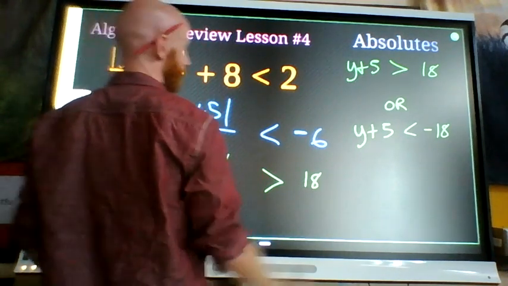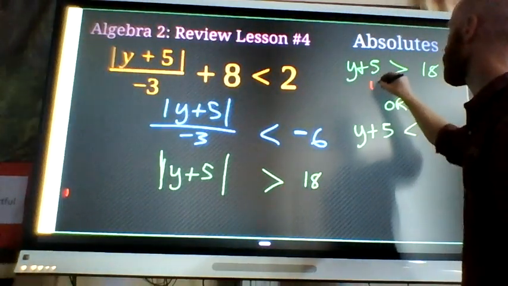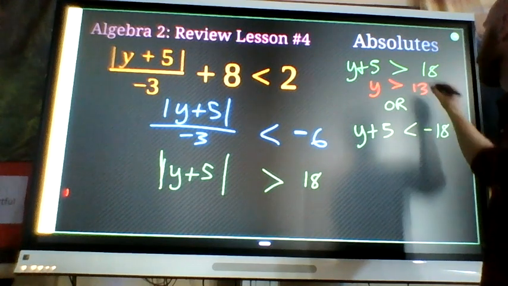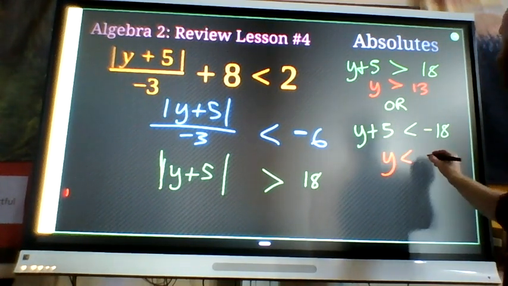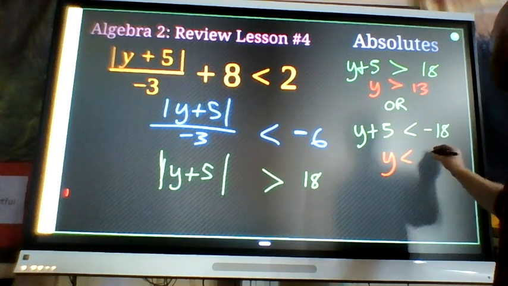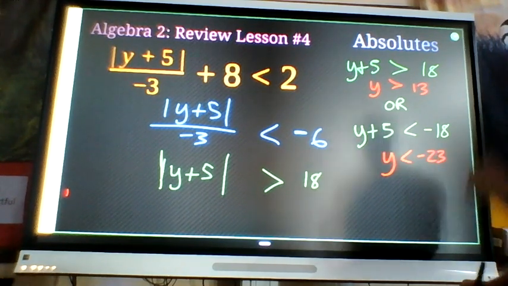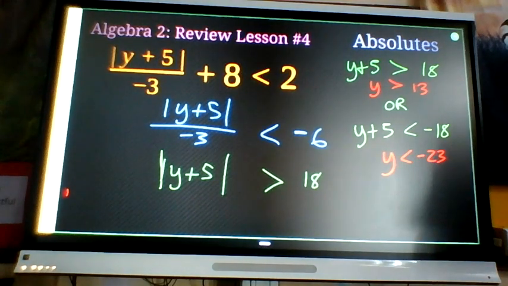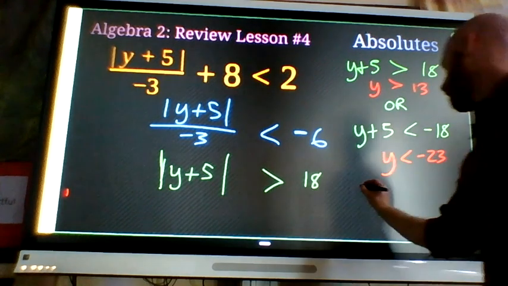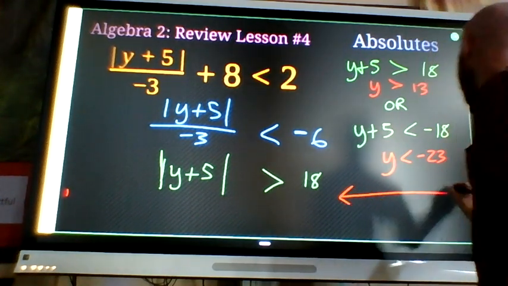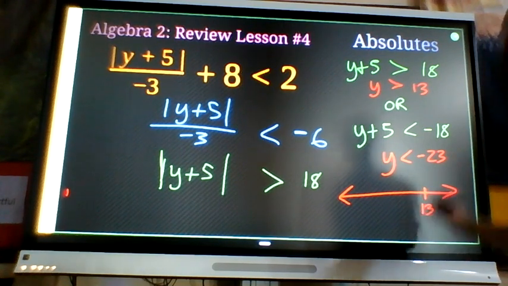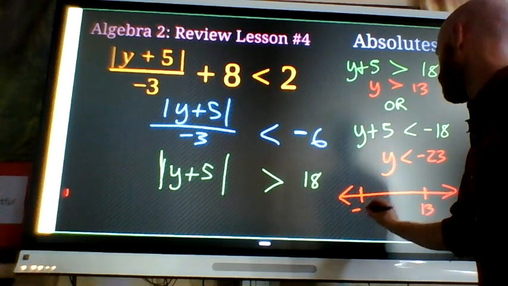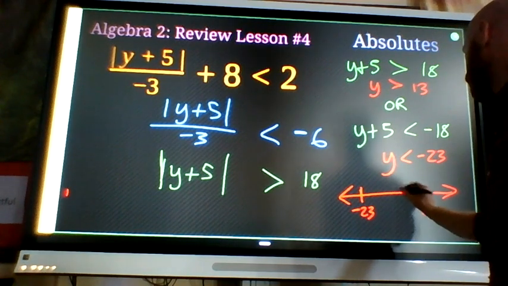All right, so you solve both of them, get a solution. We got subtract 5 from both sides, y is bigger than 13, or subtract 5 from both sides, y is less than -23. All right, looks like this. 13, -23. 0 is closer to 13.